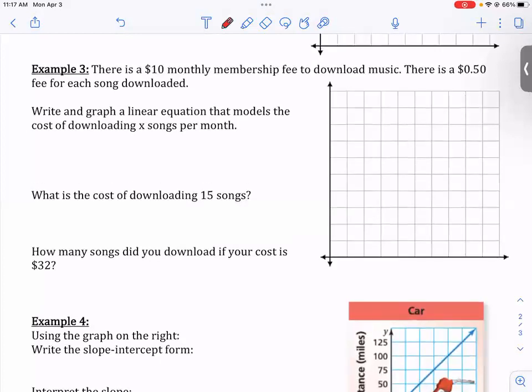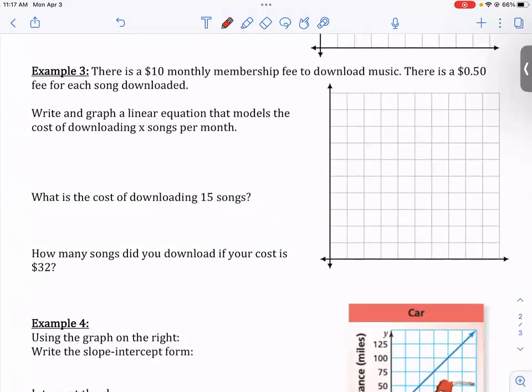Okay. So of these numbers, which one is a starting point and which one is a rate? Bronson, what do you think? So here's our rate, 50 cents per song. And here is our start amount.